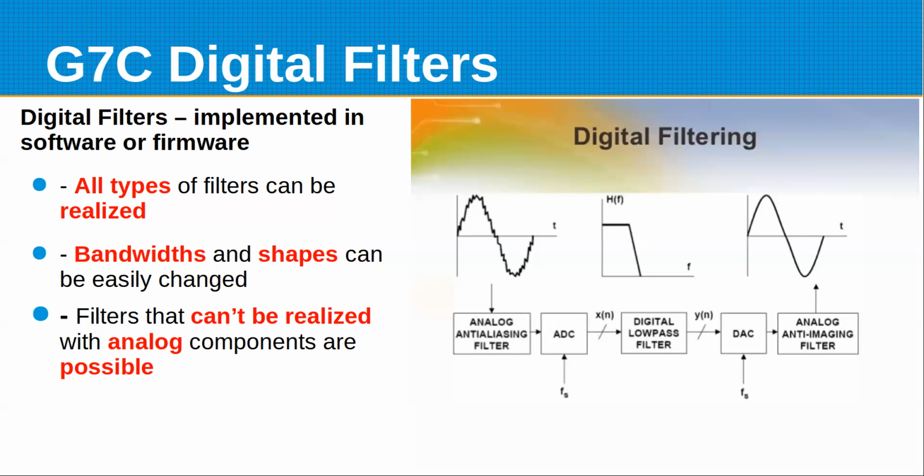And to get very sharp, steep skirt filters, you go to 9, 11 stage Chebyshev and stuff like that, and even some active, where it's much easier to do with a digital filter.